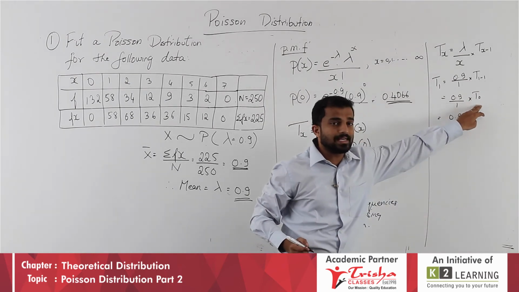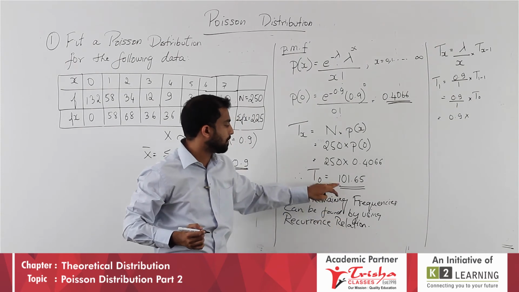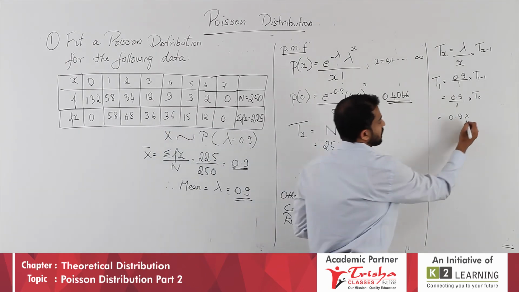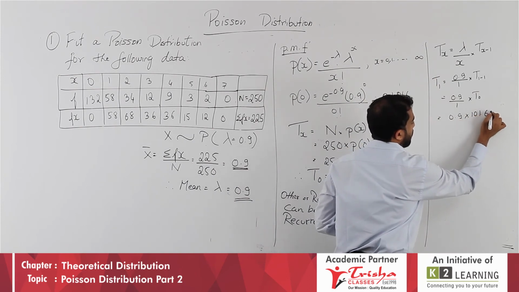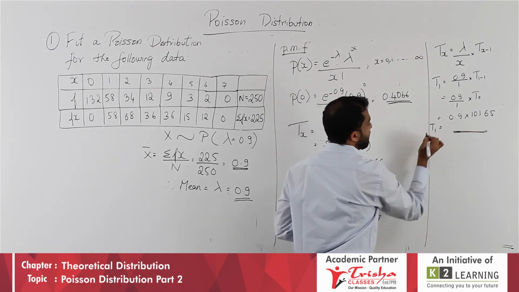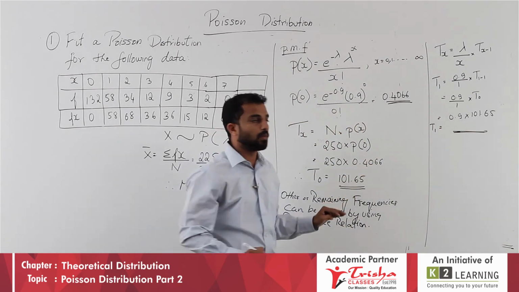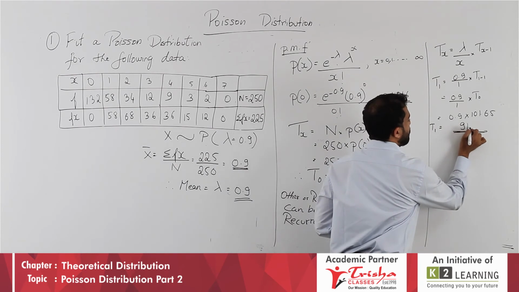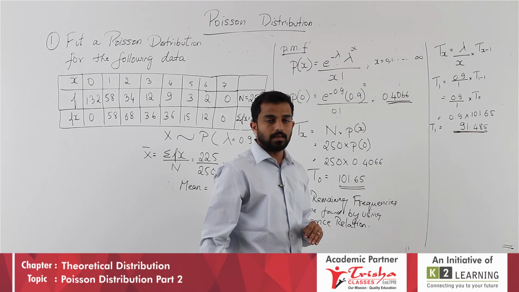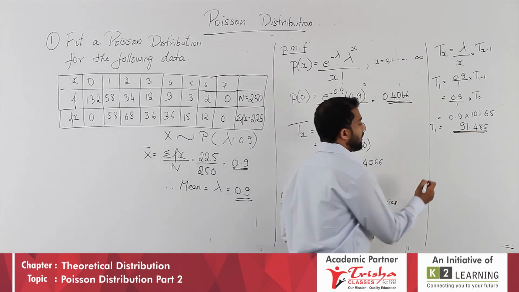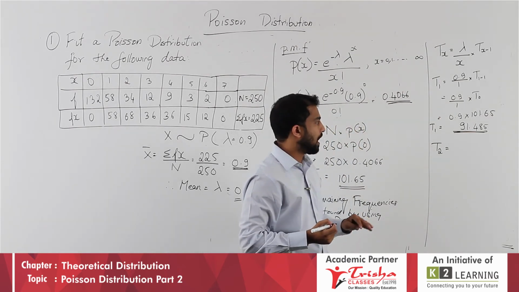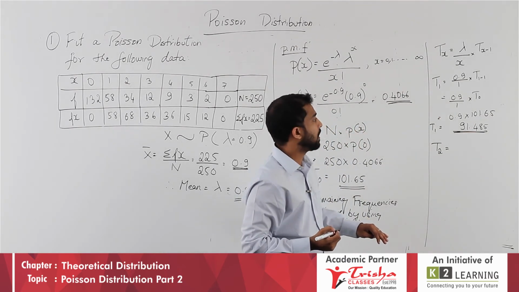Students, what is T0? Look into the previous number here. T0 is 101.65. Multiply this and find out your value of T1 should be equal to 91.485. Similarly, students, how do we find out T2? T2 is equal to, I will directly substitute looking into the formula now.